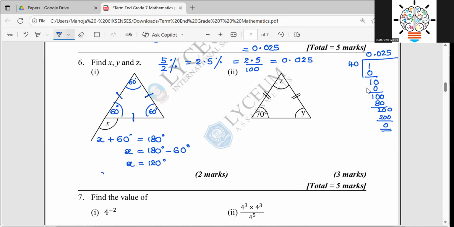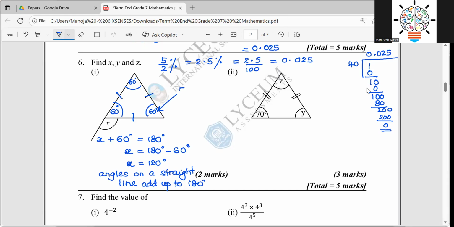Here I write the reason, angles on a straight line add up to 180. You don't want to write the whole thing, but how do you get this 60?